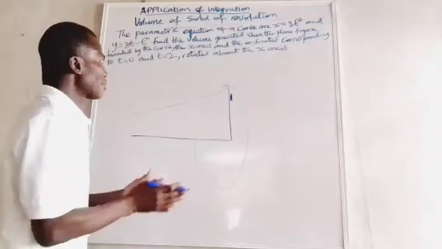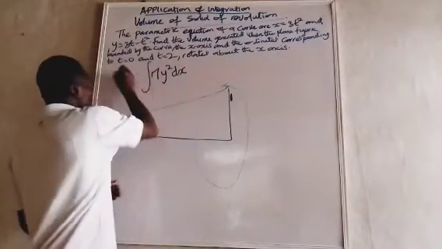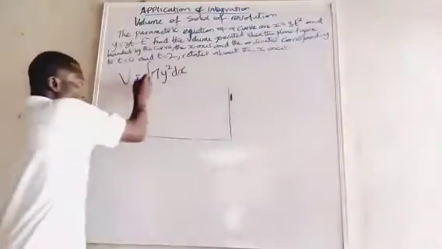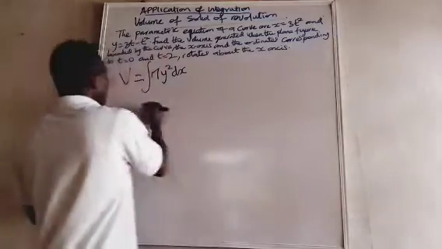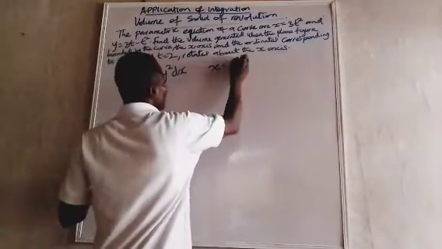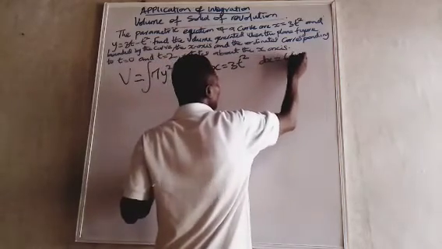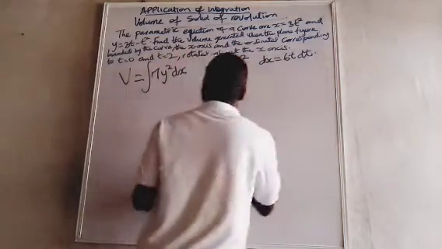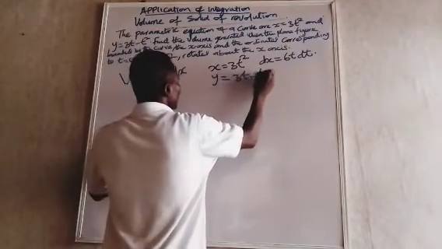So the formula we are going to use here is also pi y squared. Yes. So that is the formula we are going to use. Now let's continue. So we know what our x is, 3t squared. So our dx is going to be 6t dt. Our y is 3t minus t squared.